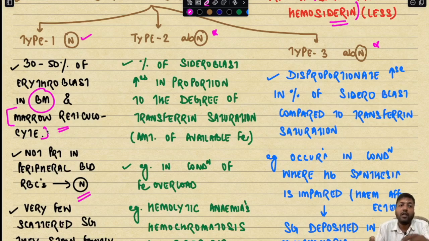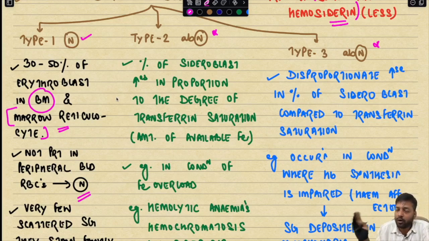So normally, the type 1 or normal sideroblast constitutes 30 to 50% of the erythroblasts in the bone marrow, and some siderotic granules are present in the marrow reticulocytes, which when they enter the circulation are sequestered by the spleen and mature to form mature RBCs.